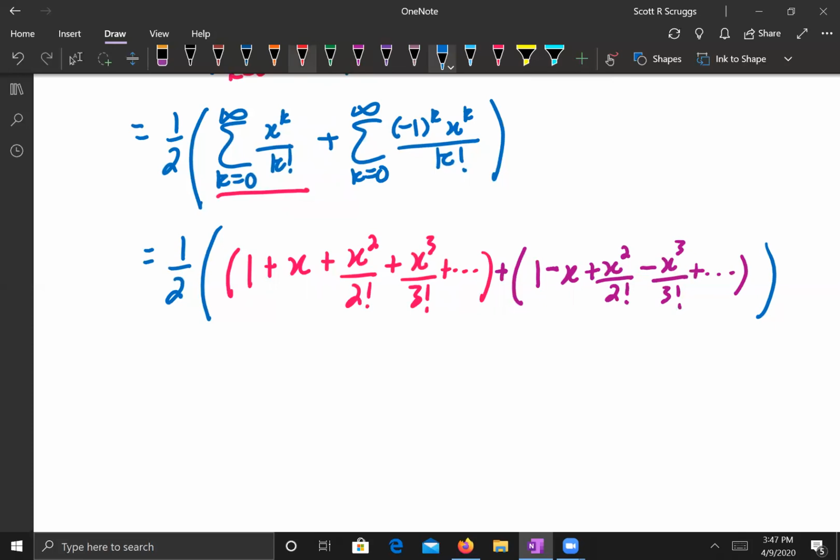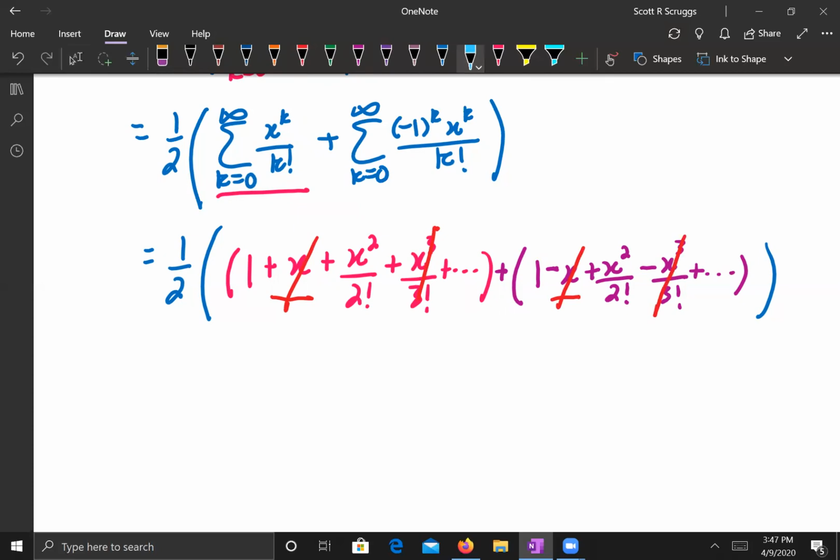Now noticing that I could go ahead and kill out some stuff. Because the second series is alternating, where for every odd term I put a negative sign up front, that means every odd term is going to cancel itself out.